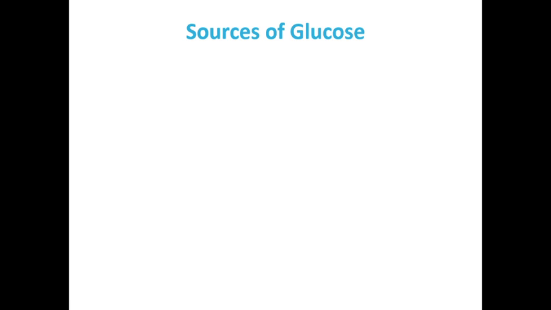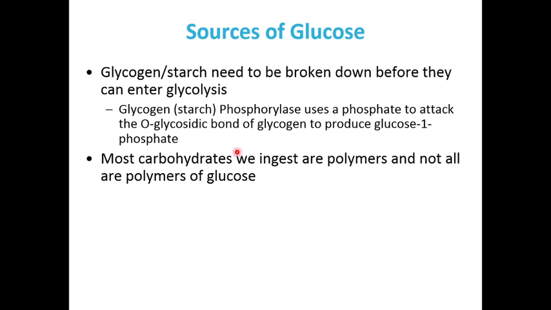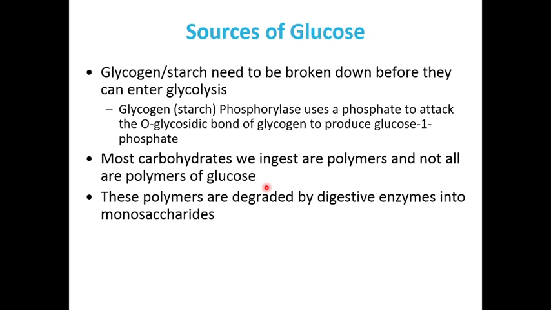What are the sources of glucose? Glycogen and starch need to be broken down before they can enter glycolysis. Glycogen phosphorylase uses a phosphate to attack the O-glycosidic bond of glycogen to produce glucose 1-phosphate. Most carbohydrates we ingest are polymers, and not all are polymers of glucose.